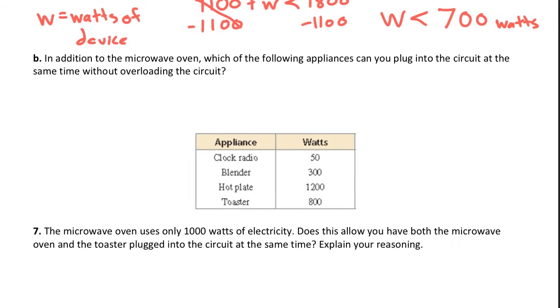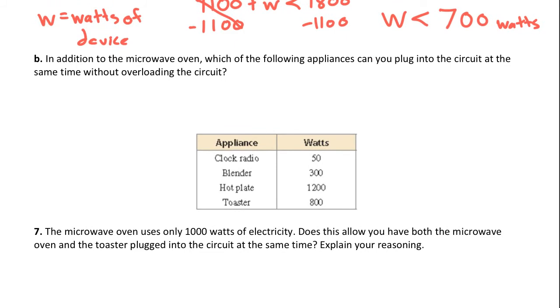So what we're looking at here is which of these devices can we plug into the circuit at the same time without overloading the circuit. So we've got to find devices that are less than 700 watts. So a clock radio is fine. A blender is fine. They're under 700 watts. A hot plate would not be okay. A toaster, not okay. It might cause a fire. You might just short out the circuit.